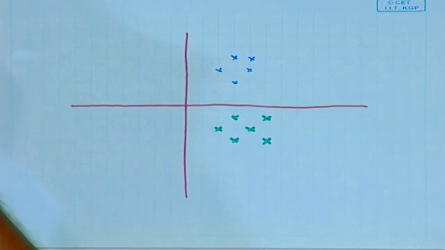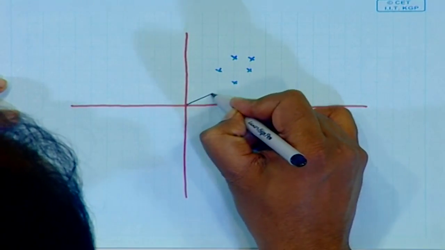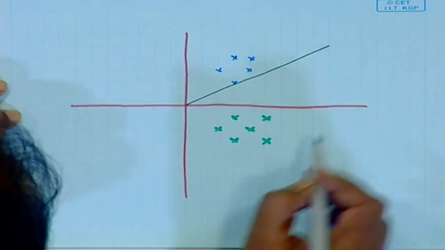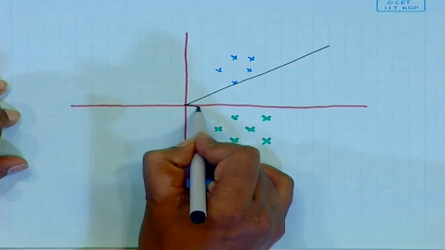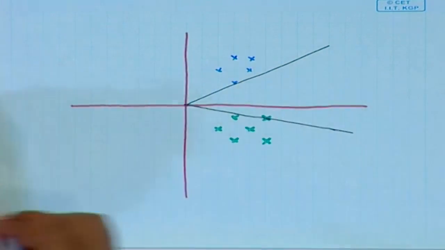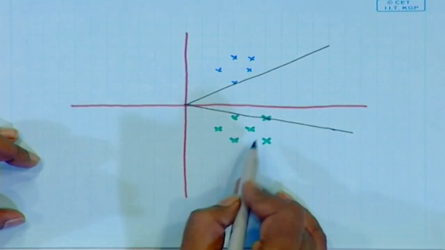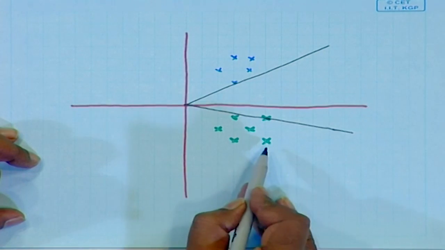Given this, my limiting decision surfaces are, one is this, the other one is this. I assume that the samples from class omega 2 are already negated.